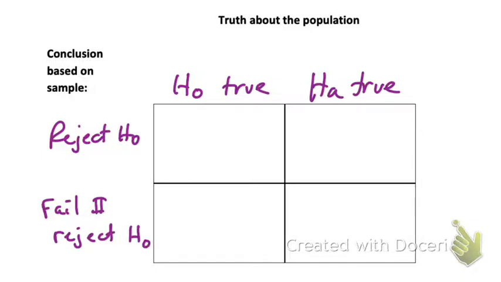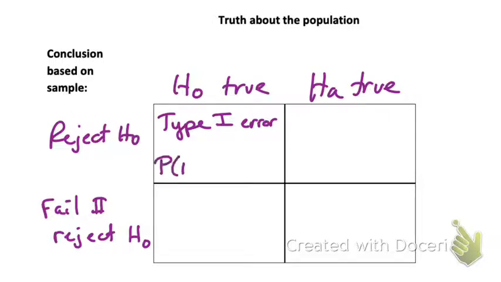So when we do this, some things can happen. Let's say we reject that null hypothesis in favor of the alternative, and the null hypothesis was actually true. What has happened? This is the type 1 error. Now, we actually know exactly what our probability of this happening is.